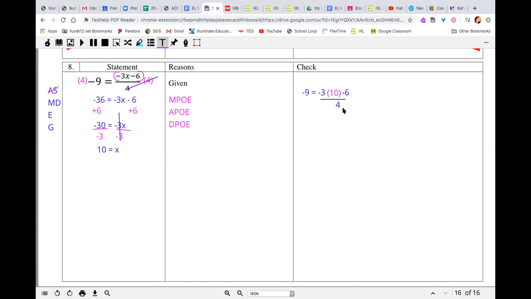The order of operations. Yeah. Okay. So order of operations, we got GEMDAS over here. So what am I starting with?